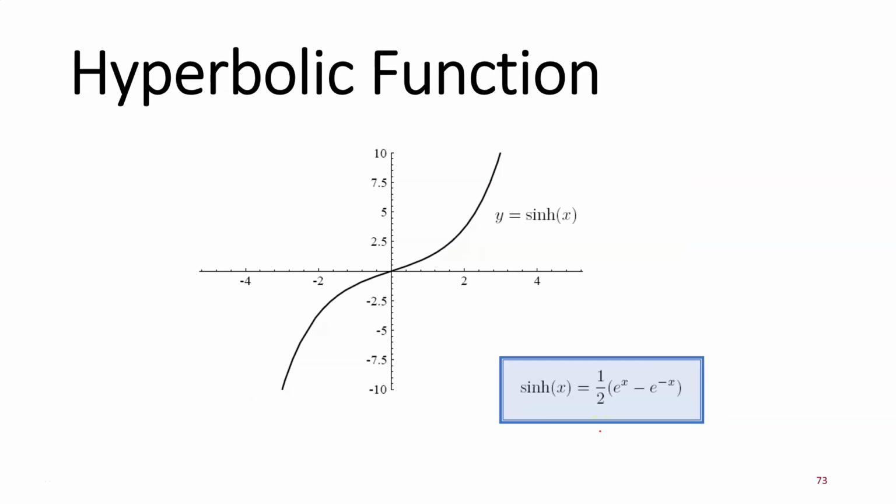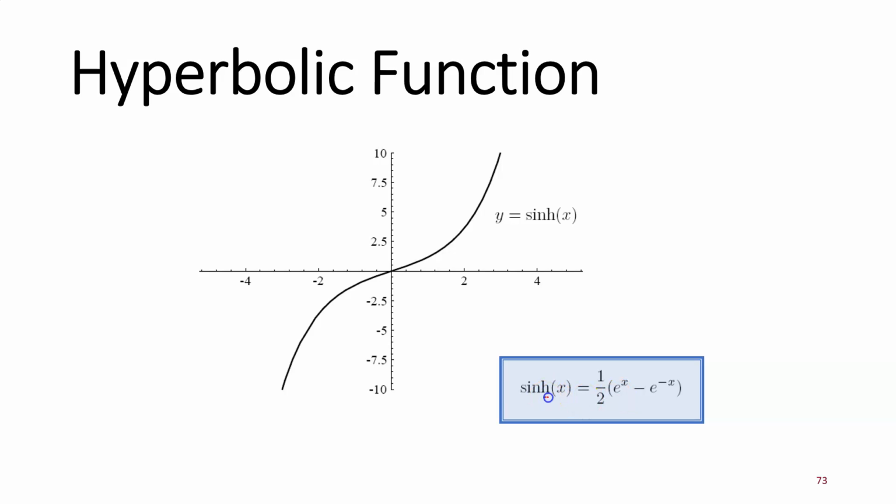And you will also have hyperbolic function, hyperbolic like this. This one is for sinh. Sinh, I think they pronounce it as sinh, S-I-N-H, sinh x. So the formula for sinh x is actually this one.